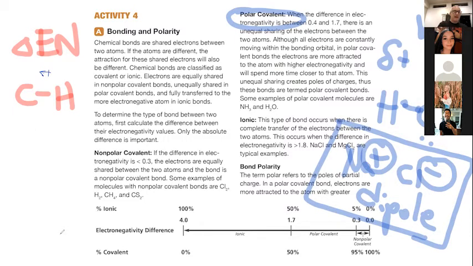Now let's look at a hydrogen fluorine bond. So again, hydrogen has an electronegativity of around 2.1, and fluorine is the highest there is at 4.0. So is this going to be a polar covalent bond or a non-polar covalent bond?